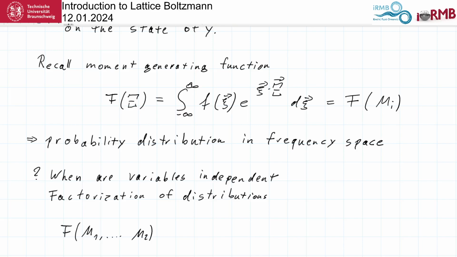So now this should be a product of individual distribution functions, each of them depending only on one variable, namely ci.